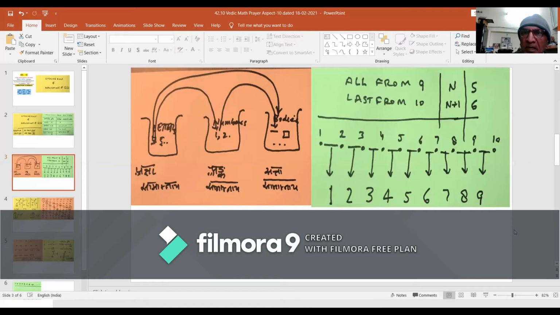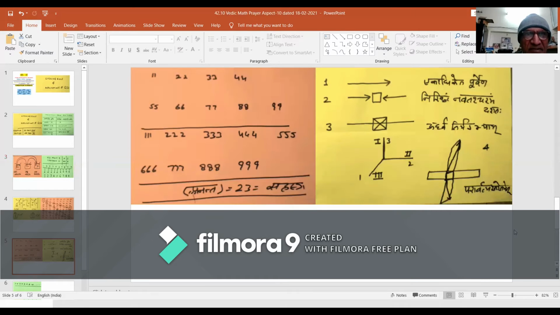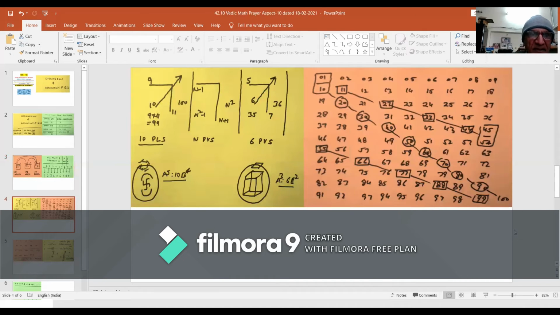It is here where we have to remind ourselves how the double digit numbers get organized.